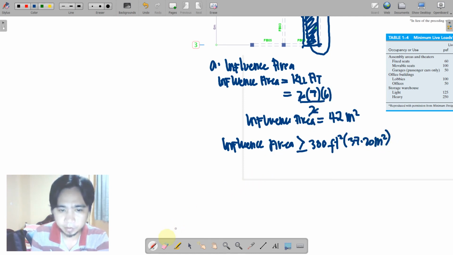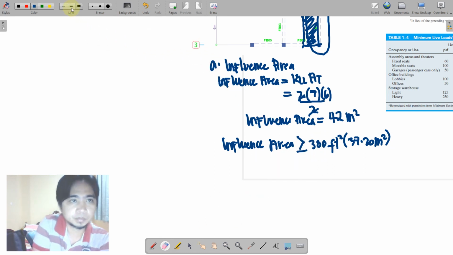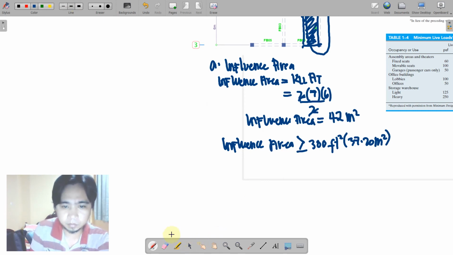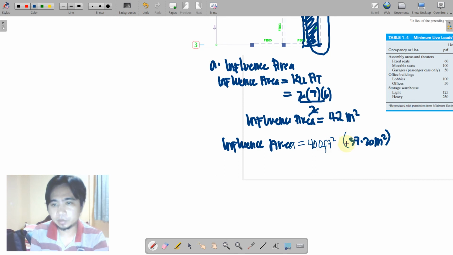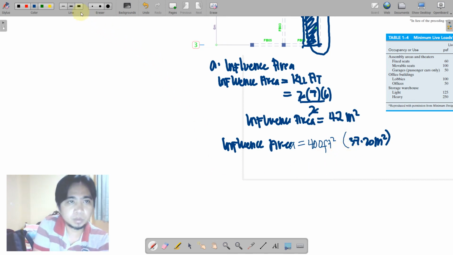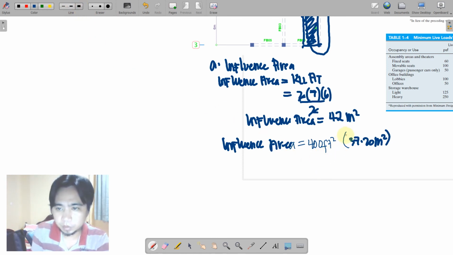Perhaps we may correct this one: this should be 400. So our influence area should be at least 400 feet squared, or that is equivalent to 37.2 square meter.